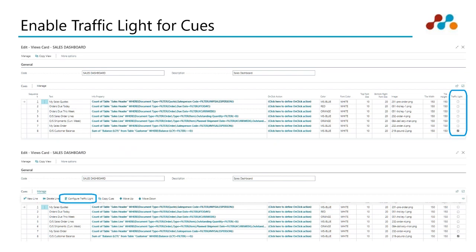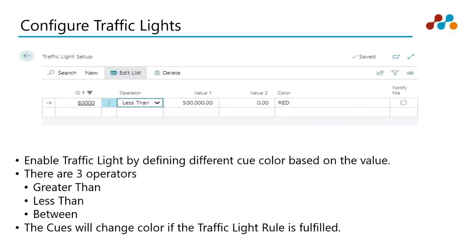Once we click on the boolean, we click on configure traffic lights, which is in the second figure, and I'm going to demonstrate this as well. So don't worry. When we click on configure traffic lights, we'll be presented with a screen having columns like operator, value 1, value 2, and the color.